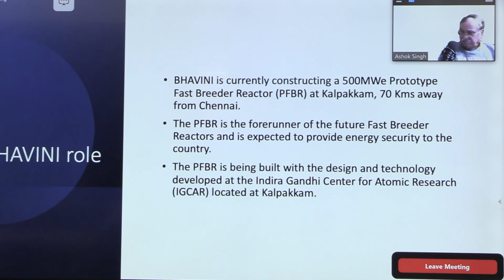I noticed that there is an IGCAR also located at Kalpakkam. This develops the technology and the design, the Indira Gandhi Center for Atomic Research. So this is the experimental facility. Experiments are conducted, technology is developed, designs are planned.